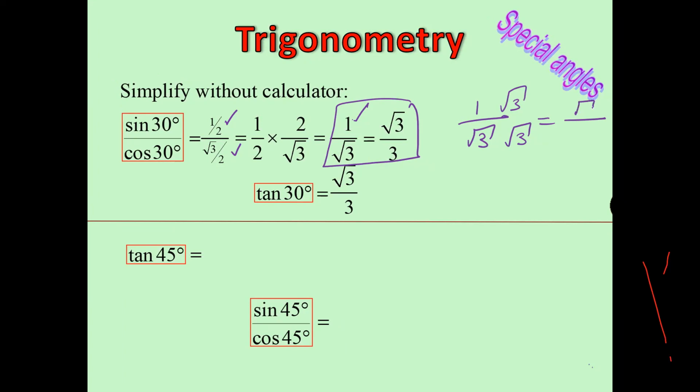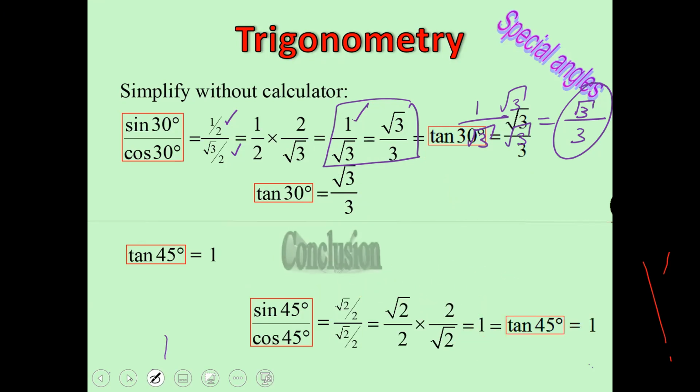And if you work this out, root 3 times root 3 is 3. But this is just, by the way, not to worry about this for the exam. That's just some added information, that a calculator will simplify or rationalize the denominator. So we will go with either the rational or the irrational. If you're confused, this is not important for you now. So I'm going to skip this.